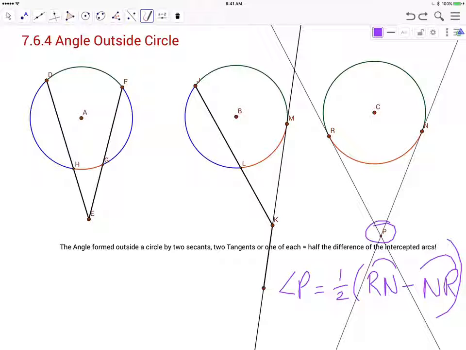Okay, so an angle on the exterior of a circle created by two secants, or a secant and a tangent, will be half the difference of the intercepted arcs.